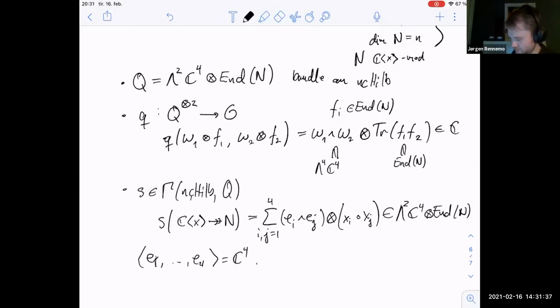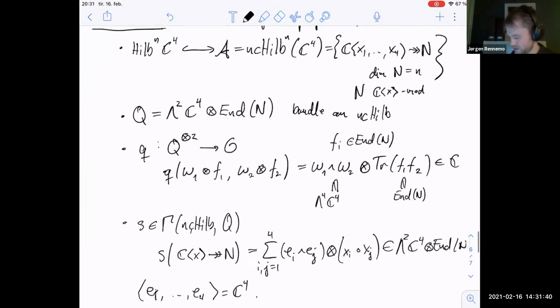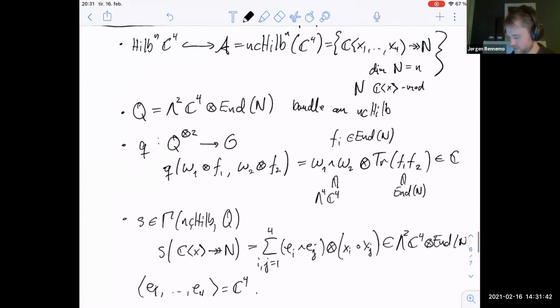Okay, so the point of writing down all this is that it's extremely concrete and simple to write down, and you check that this is an isotropic section, and you check that, well, when does this section actually vanish?